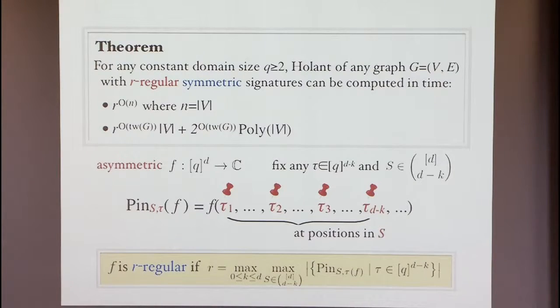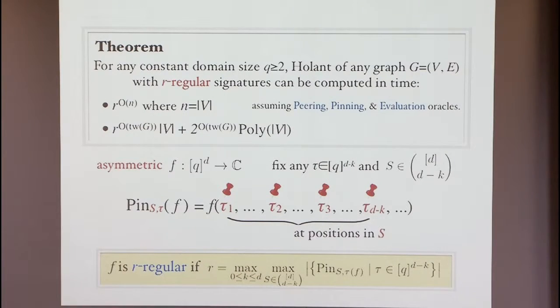So for each fixed set of positions, no matter how we pin them, the number of functions is bounded. With this definition, all these results can be extended to asymmetric signatures with the same time bound, but assuming the availability of those oracles. For symmetric signatures, we can just implement those oracles explicitly.